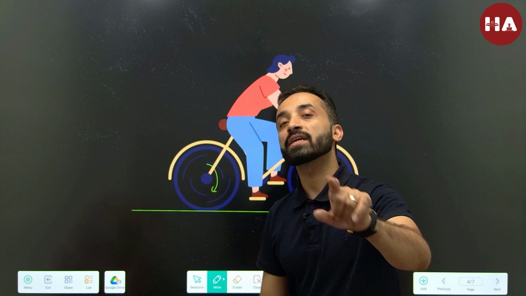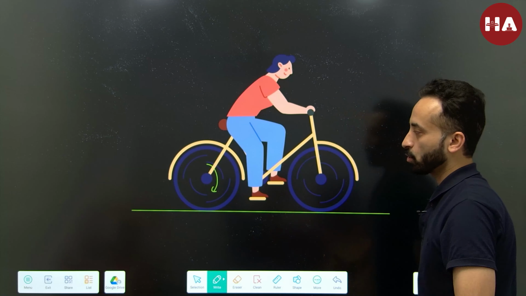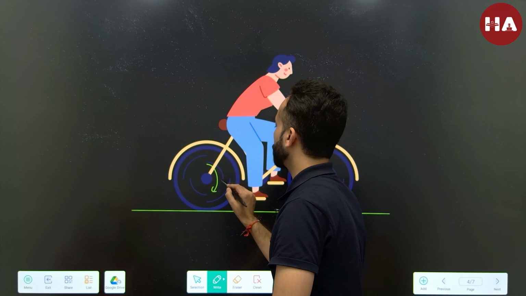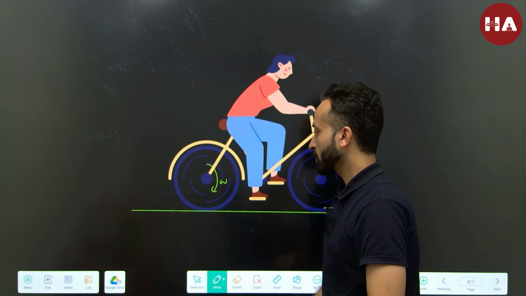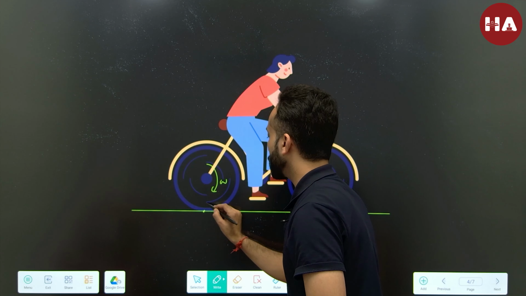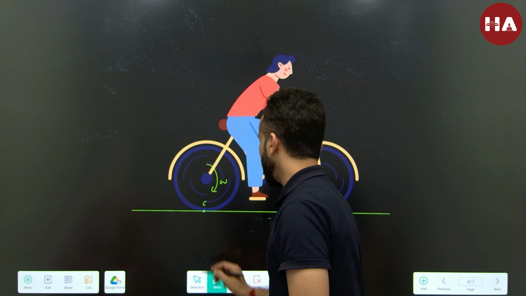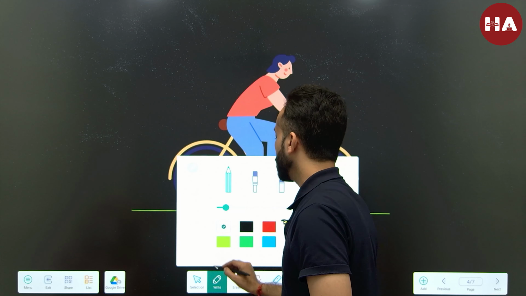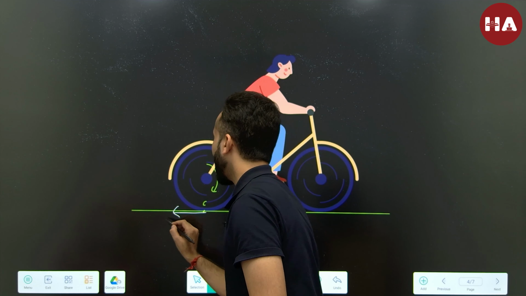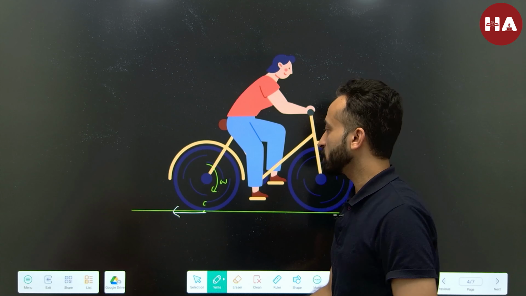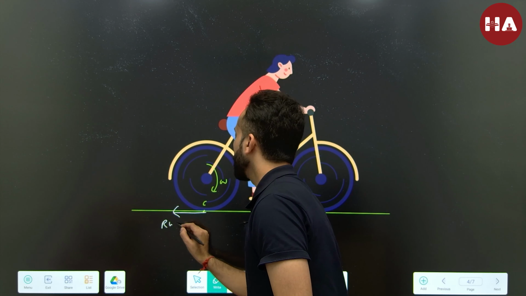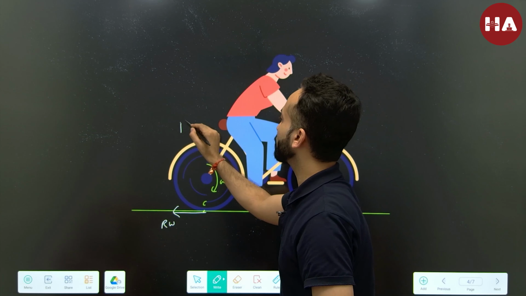You've suddenly provided it with some angular velocity omega. So this point C of this back wheel will start slipping backwards, because there is r omega, but there is no v. So is it the case of backward slipping?